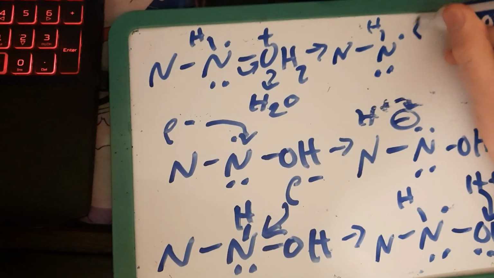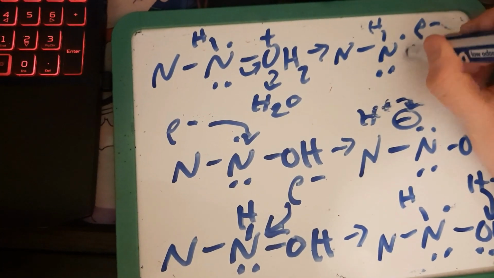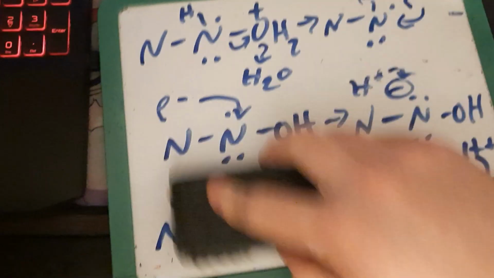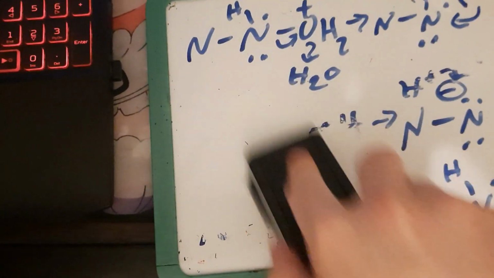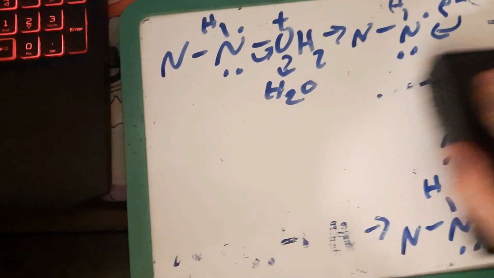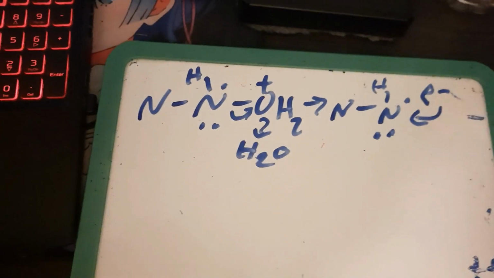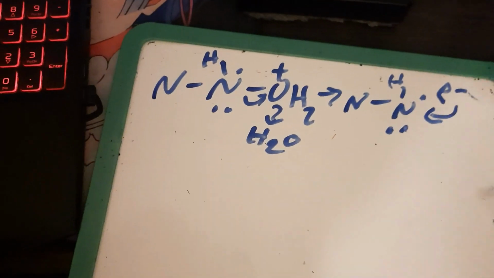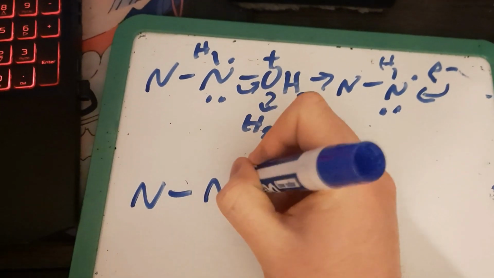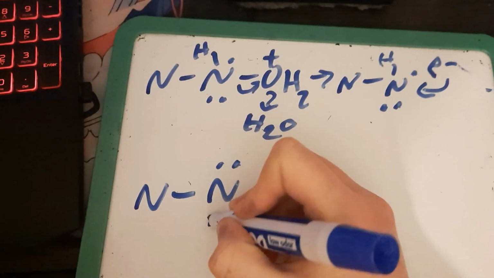and another electron comes in. Now this process probably takes a very long time, which is why it didn't work in the video. But the electron comes in. Now we get N double bond.